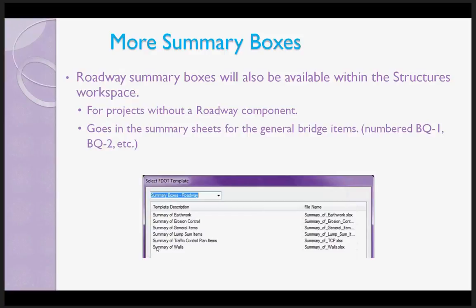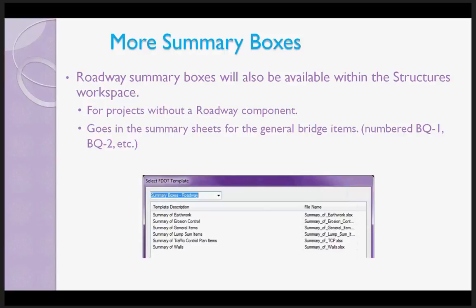The wall category on that other summary box has been removed, so they're now going to have their own summary box. It's a little complicated on why we did all that, but there was a reason. Do you want to explain that? No, she does not want to explain that. It probably will be in the roadway plans unless you don't have the roadway component. Right.